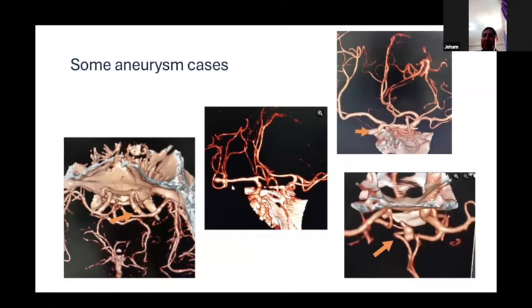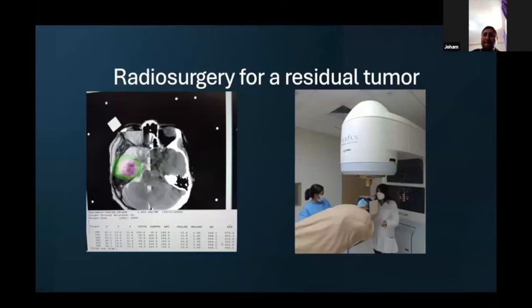And also, next, please. Part of neurosurgery is, of course, to use these modern tools. We also performed radiosurgery for a residual tumor. The patient didn't want another surgery. He was operated on in another center and experienced a bad postoperative recovery, and he didn't want to go through a new surgery.